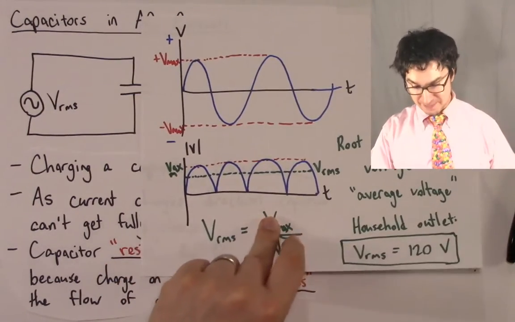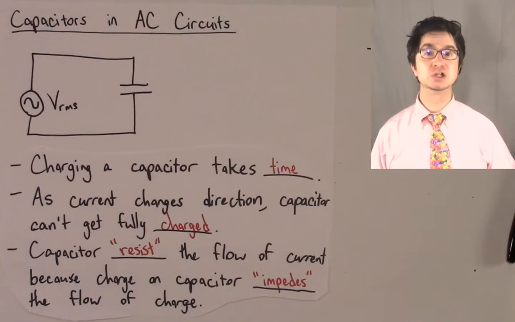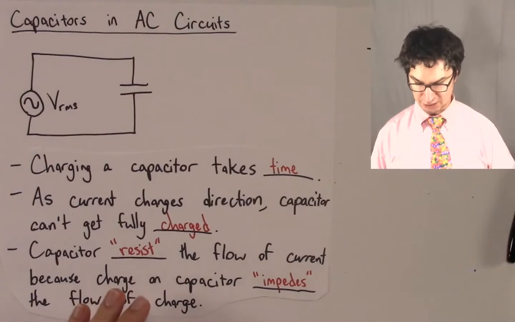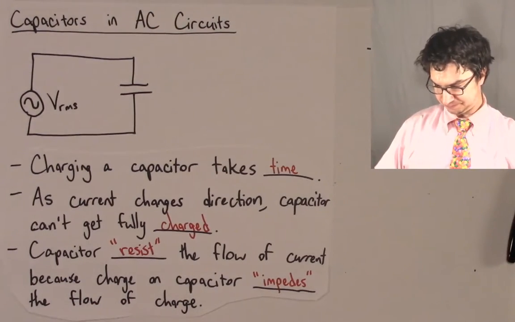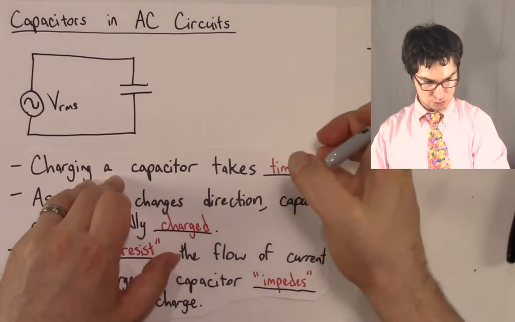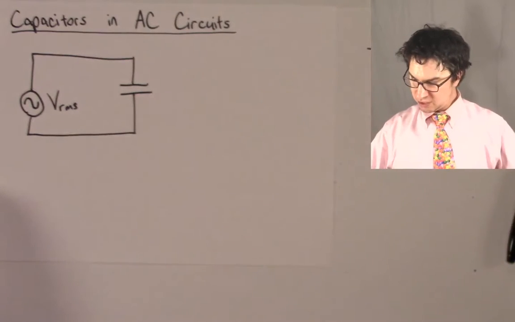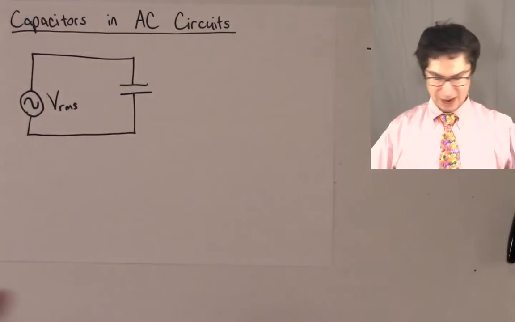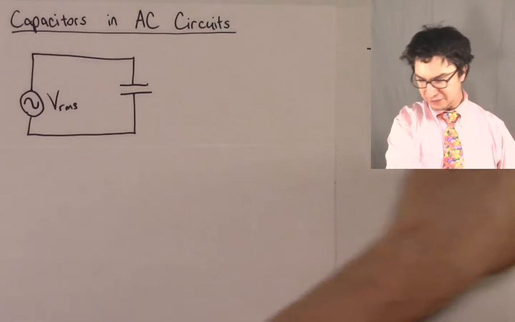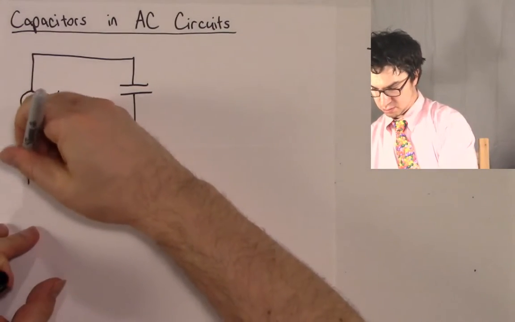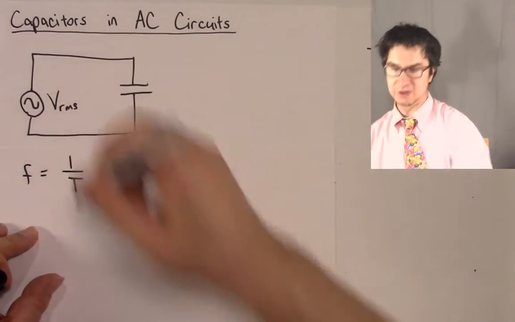So what that means is that when we look at this oscillation, we have to look at the frequency of the oscillation. And let's take a moment to look at that frequency. You may remember when we studied oscillations, we said that the frequency of an oscillation is equal to 1 over the oscillation period.